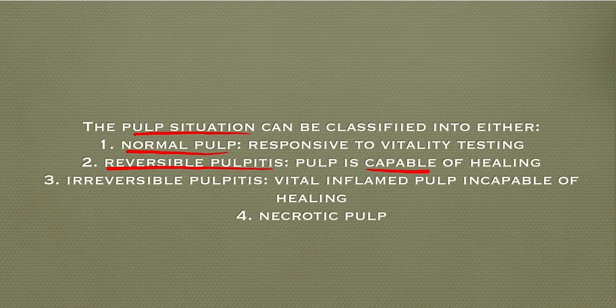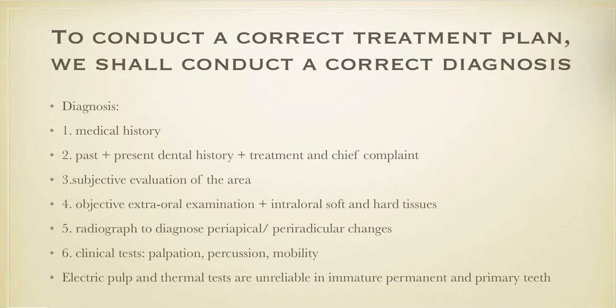Third, irreversible pulpitis, a vital inflamed pulp which is incapable of healing. And fourth, a necrotic pulp. So the pulp therapy differs in every pulp situation, and to conduct a correct treatment plan, we have to make a correct diagnosis.